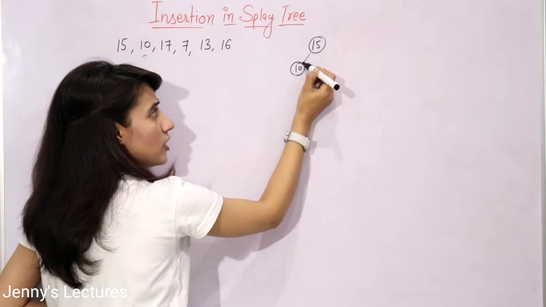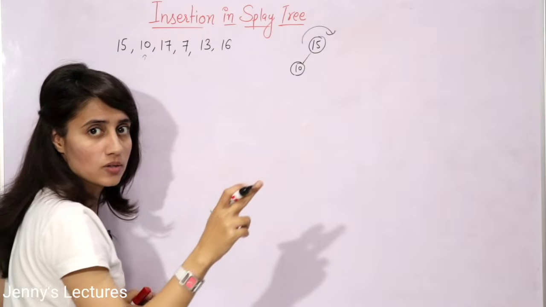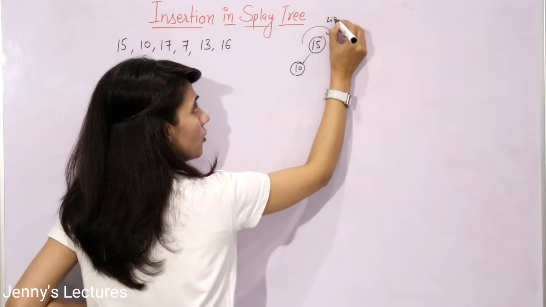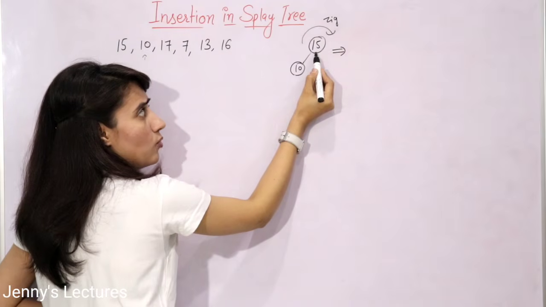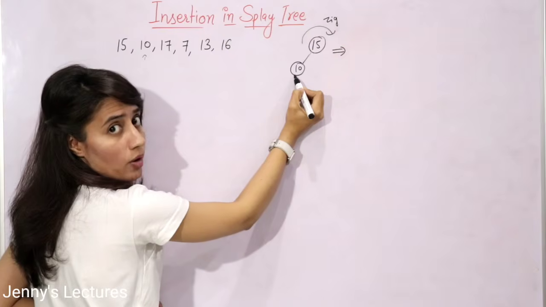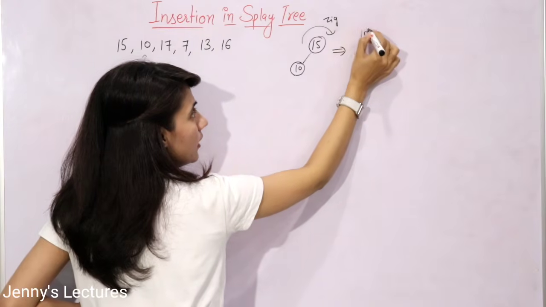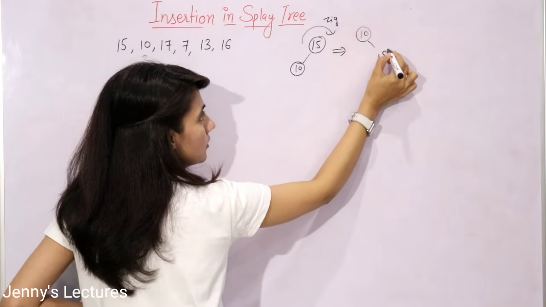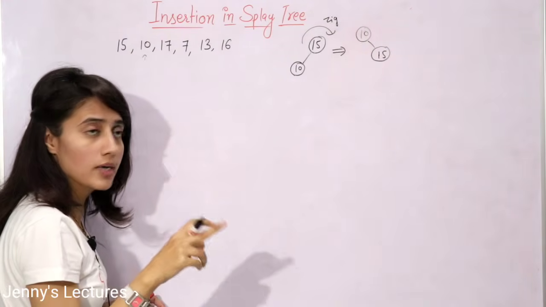It is the left child of the root, so we do a right rotation, or you can say a zig rotation. We have already discussed these rotations. Right rotation about the parent of the inserted node means you pull 15 downward and 10 goes upward. So this is the splay tree after insertion of 10.